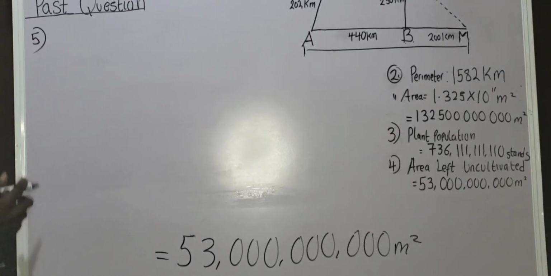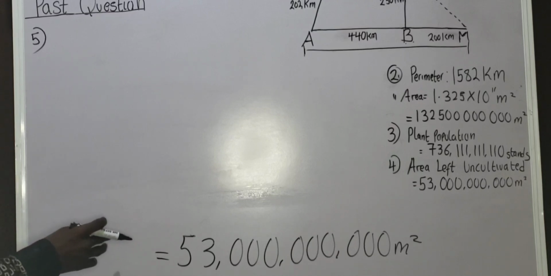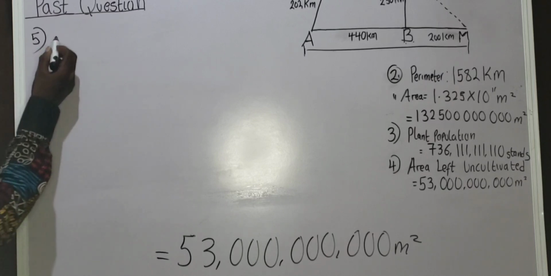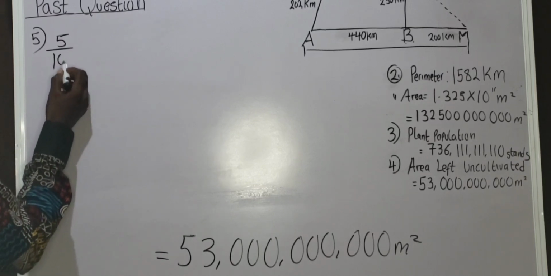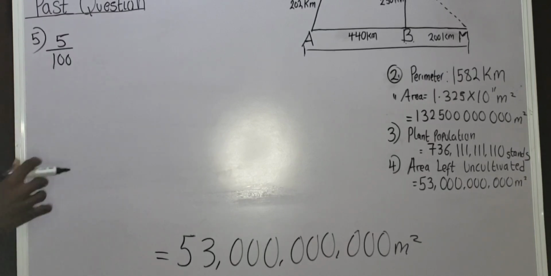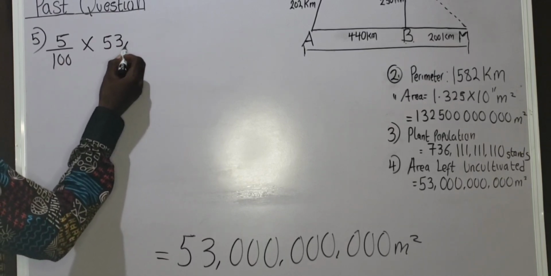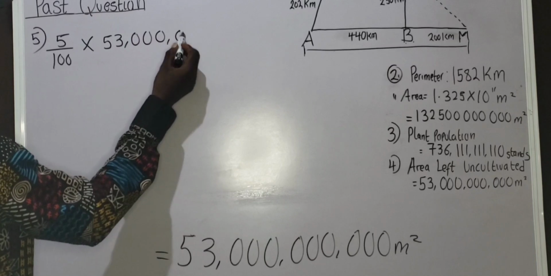So this is what I'm going to do. I'm going to take the 5% of 53 billion. I get what I'm saying? To know the area that was used to construct farmstead, I'm going to take the 5% of 53 billion. So 5% is what? 5 over 100. So 5 over 100 multiplied by 53 billion meters squared.